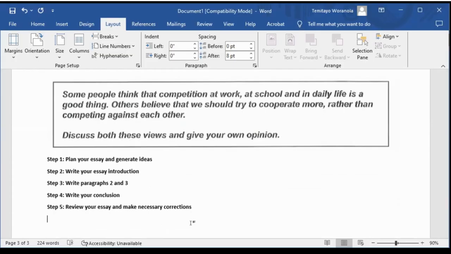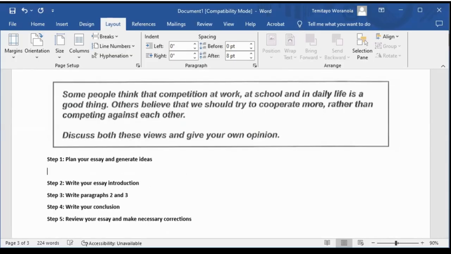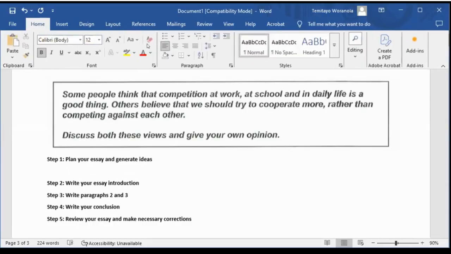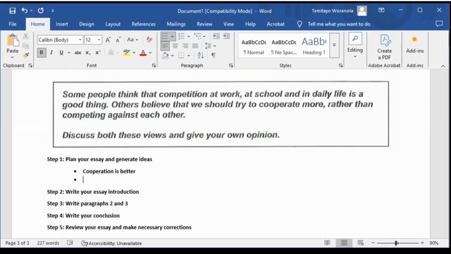I'm planning. Step one, ladies and gentlemen. My essay plan here is: cooperation is better than competition. That's my position.